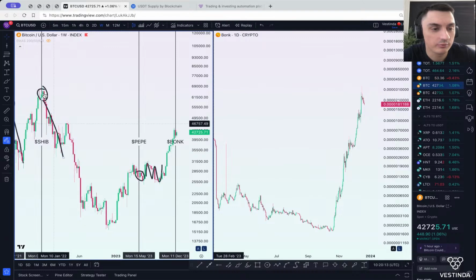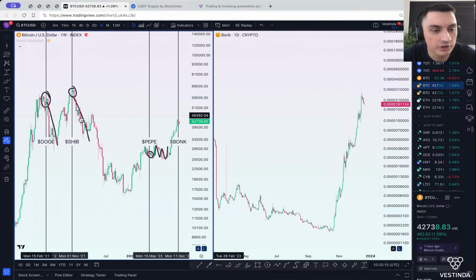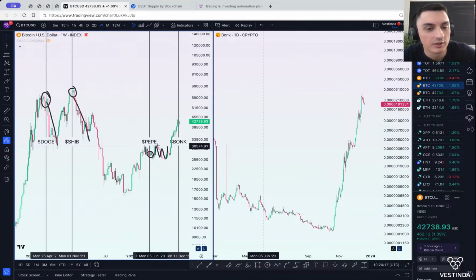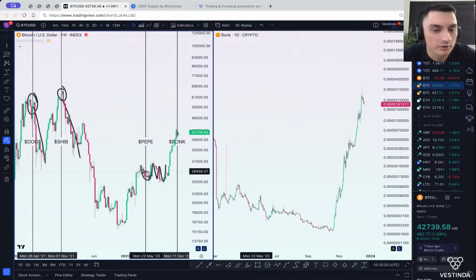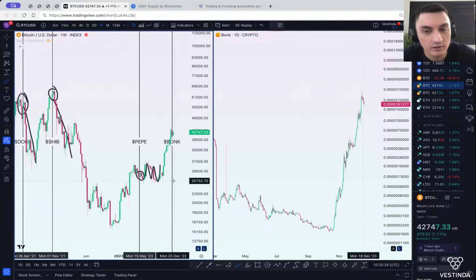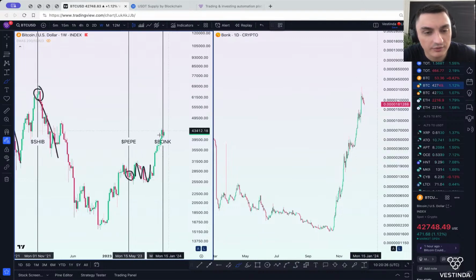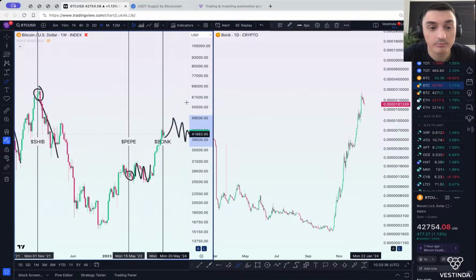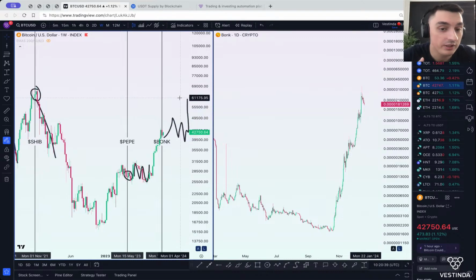At least we expected that on Dogecoin and SHIB. On Pepe it was smaller, so maybe we're going to see a smaller drawdown. And the current price action here at around $42,000 is not the end. However, we could see a rise and then the drop. This is actually the more possible way, in my opinion.